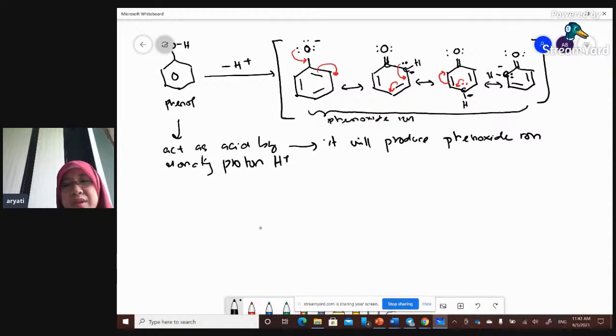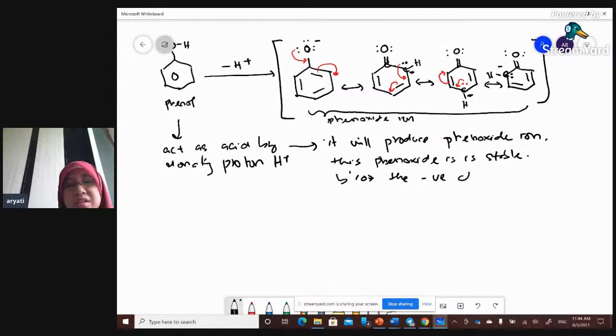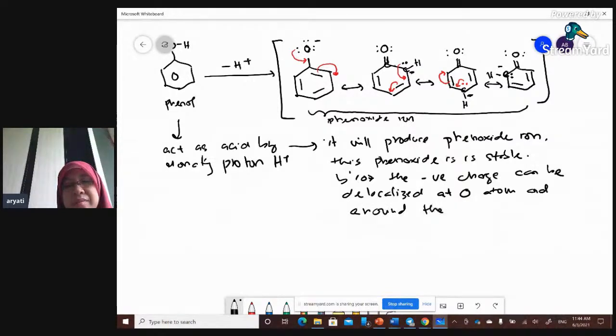So this phenoxide ion is stable. So why stable? Because the negative charge can be delocalized at oxygen atom and around the benzene ring.